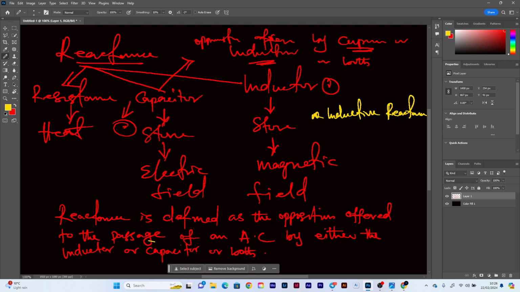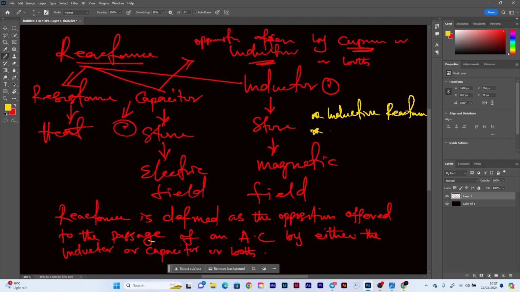So that means the circuit contains only an inductor. Or the circuit can contain both capacitor and inductor, and the question says find the inductive reactance. That means you're only looking for the opposition offered by the inductor only, not by the other ones. Am I making sense? Yes, sir.